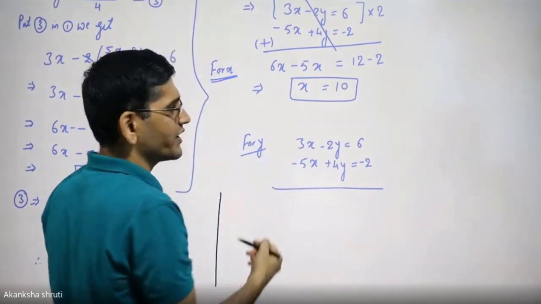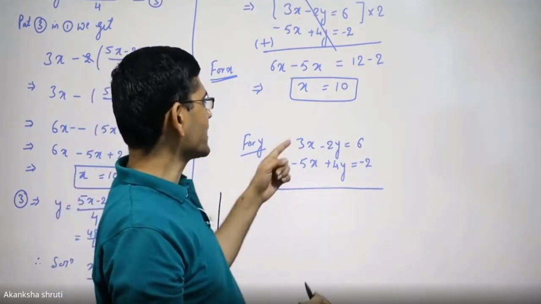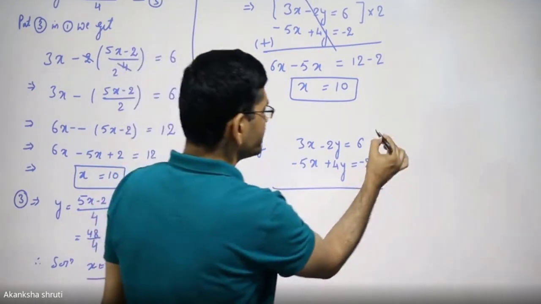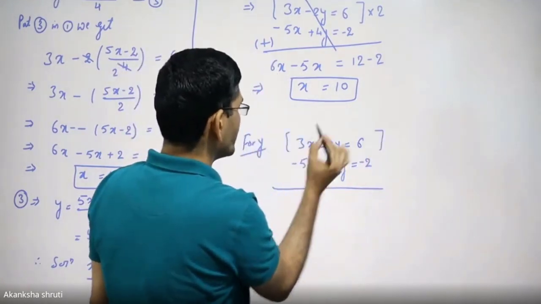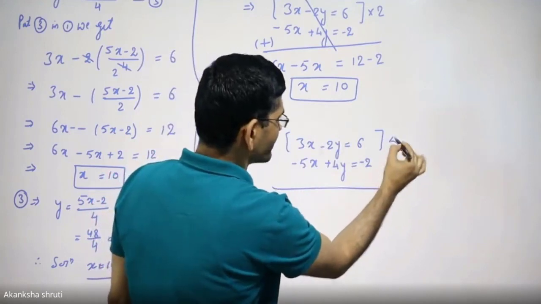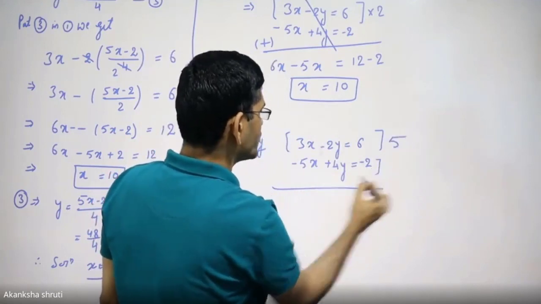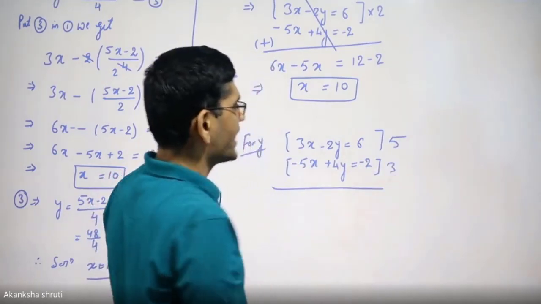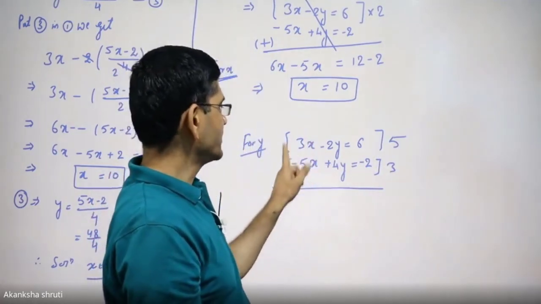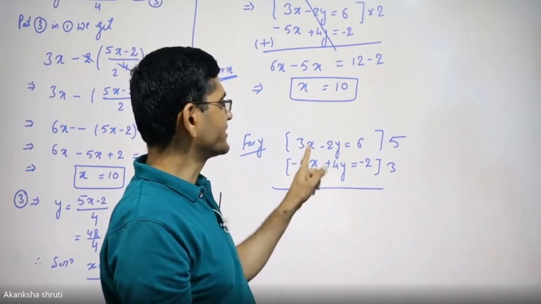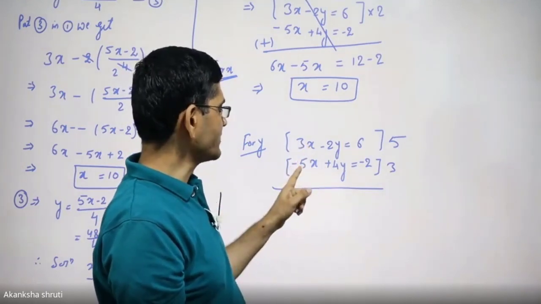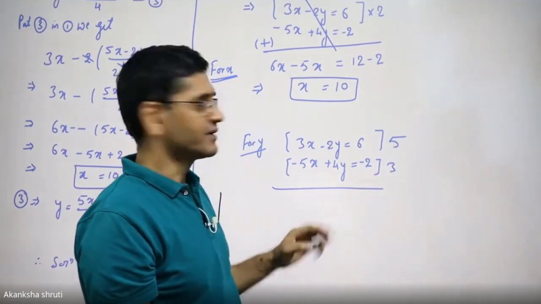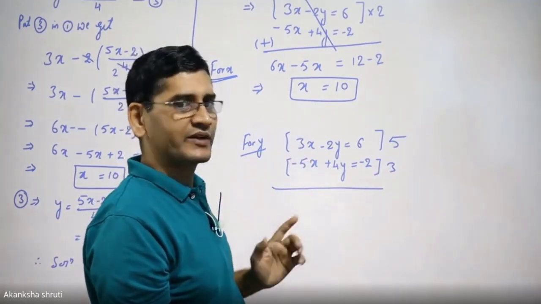How to equate this? Student, just by multiplying one of the equation we cannot equate this. But if the equation 1 is multiplied by 5 and equation 2 is multiplied by 3, then you will get this x become 15x and the other minus 5x also become minus 15x. This way the coefficient of x become equal.